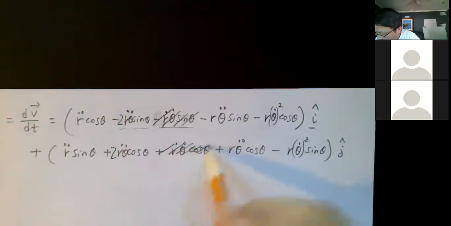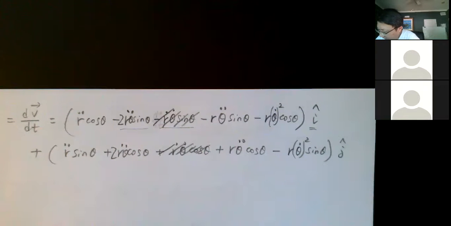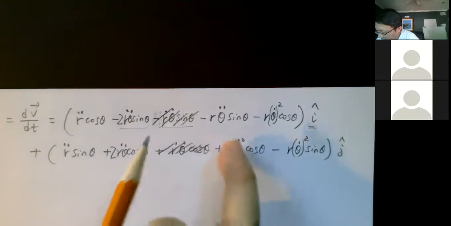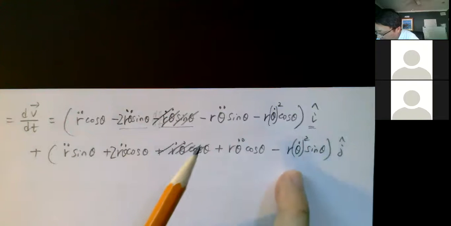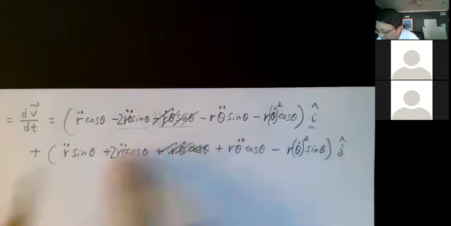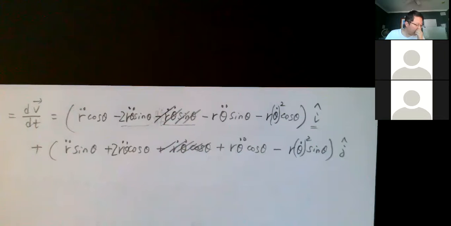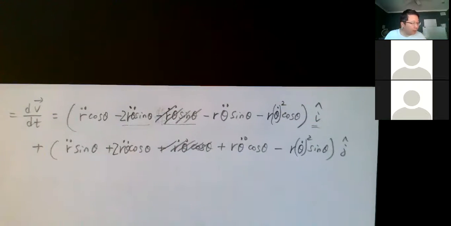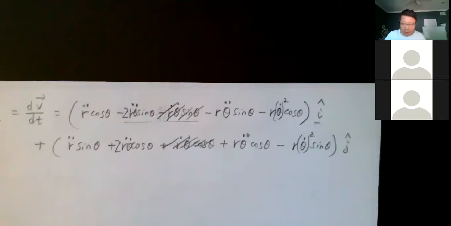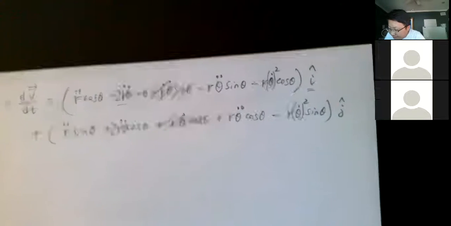Cancel 1 out. Then the rest cannot do any more. Then it becomes 4 terms. Good. So now.